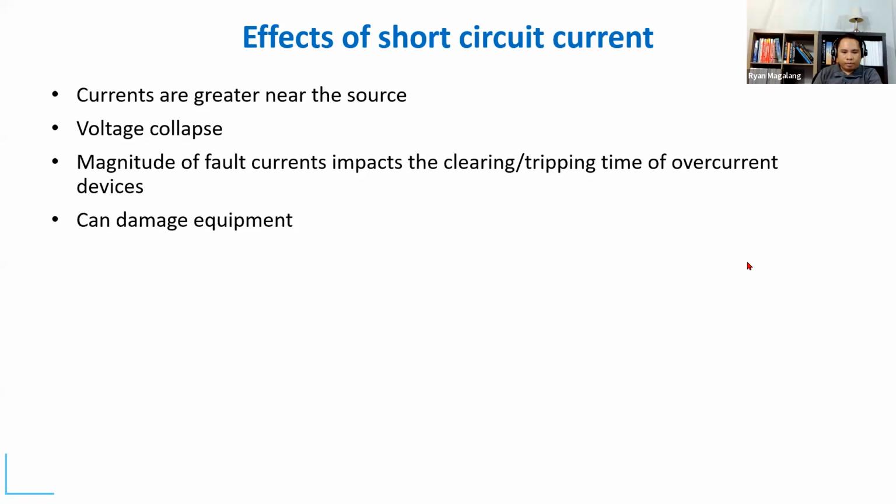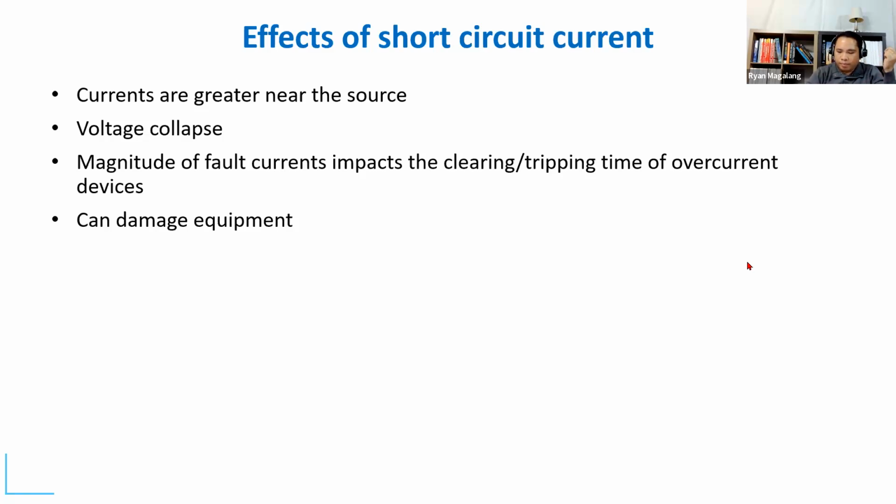Voltage collapse: during a fault, the voltage will collapse to zero, or approximately zero, depending on the magnitude of the impedance. That will determine how much the voltage will sag or dip.